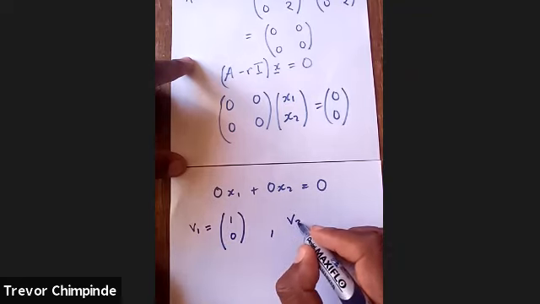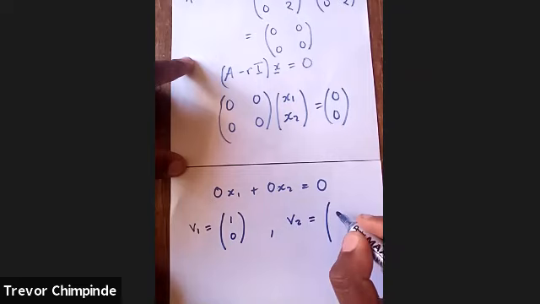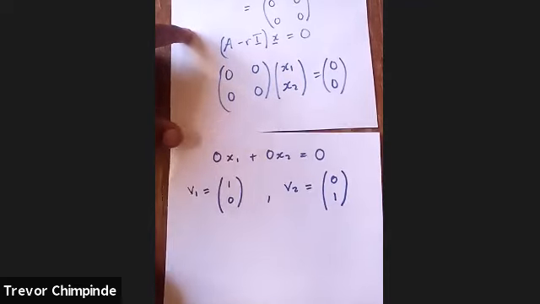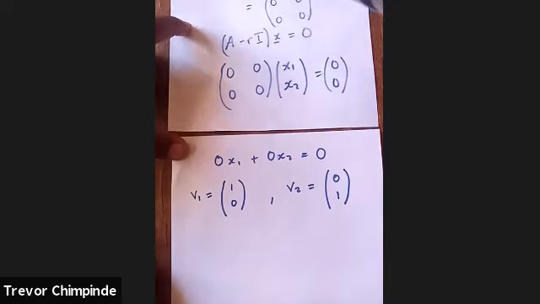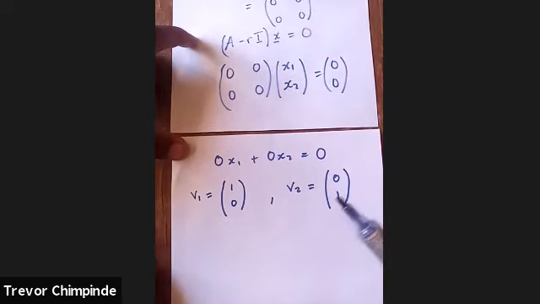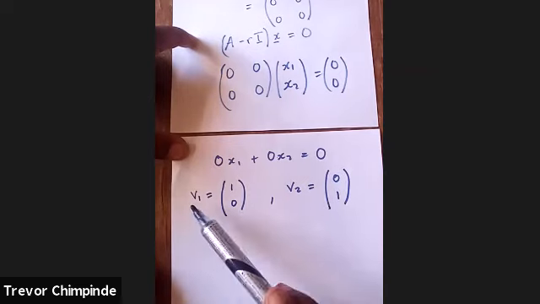And V2, I'll choose to be 0, 1. So what has happened here is that on this matrix, we only found one eigenvalue, but to this eigenvalue there correspond two linearly independent eigenvectors, V1 and V2.